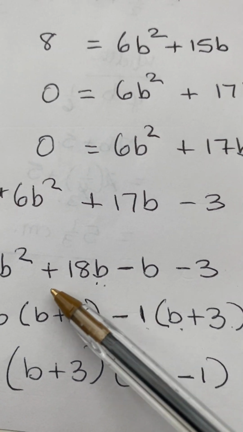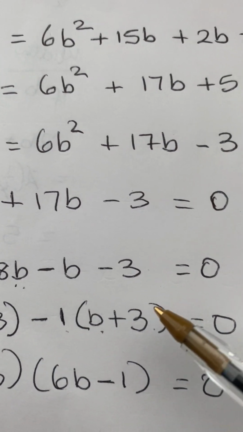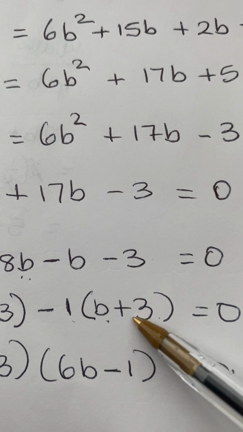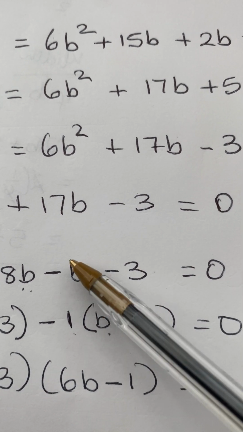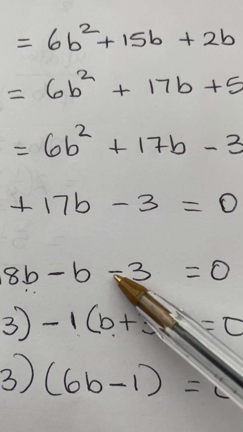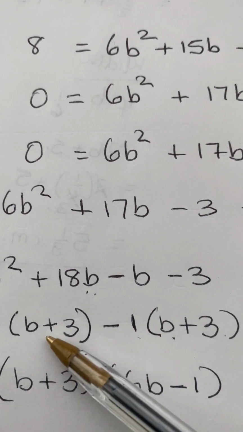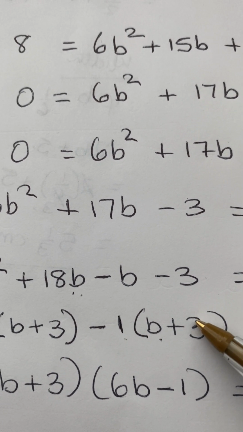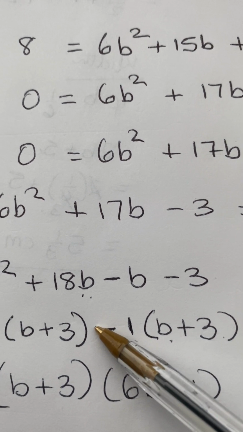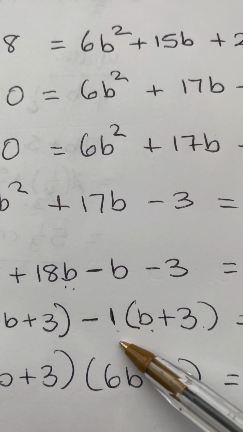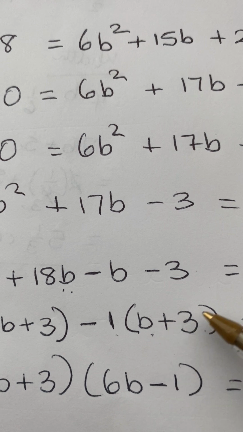Now, whatever we have in the bracket should repeat itself in this bracket. Now we have minus b minus 3. So the only way we can get b plus 3 in this bracket is to bring minus 1 out, which leaves b plus 3.